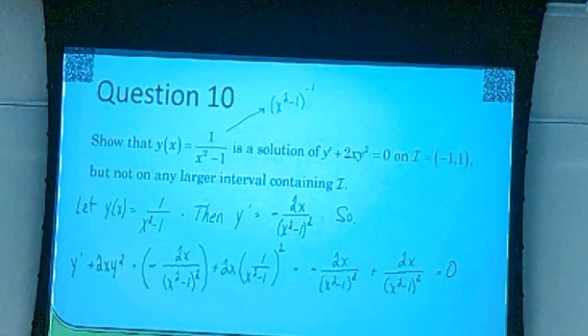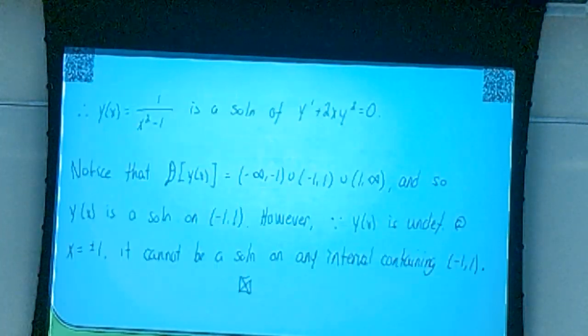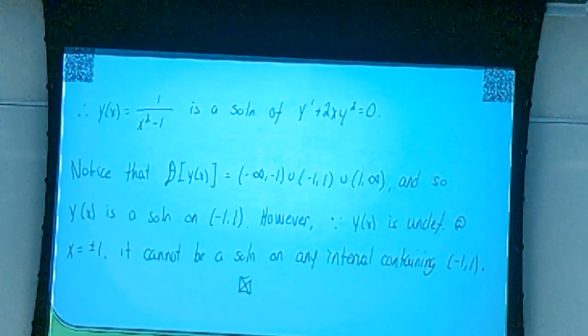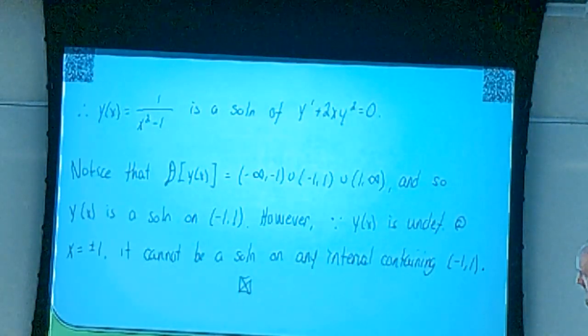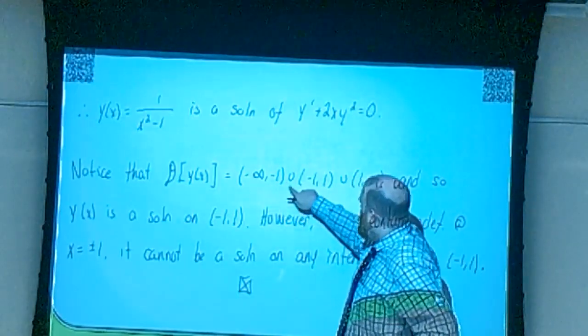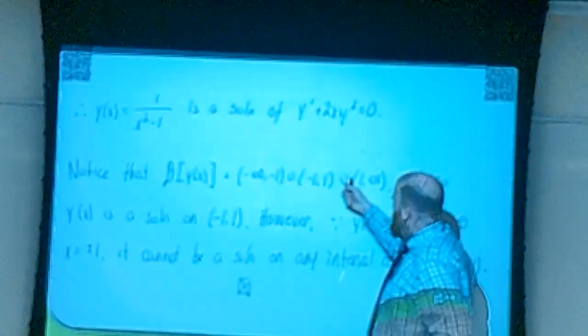For the domain, why did you include negative 1 and 1? They're not included. These are unions.